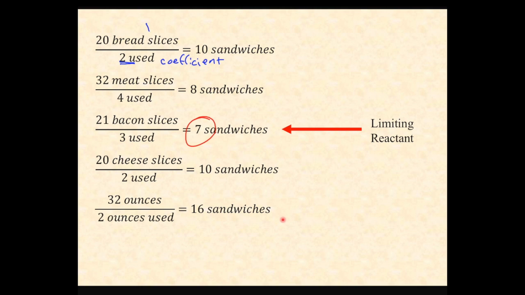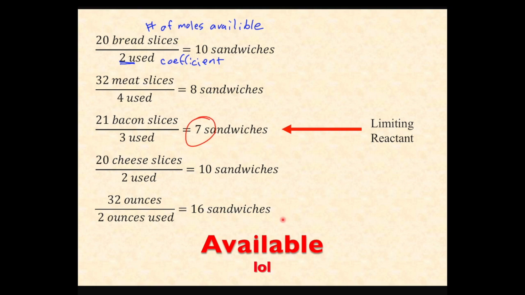And this is the number of moles available. So you can do this quickly whenever you approach a problem if you take the number of moles available and divide it by the coefficient.